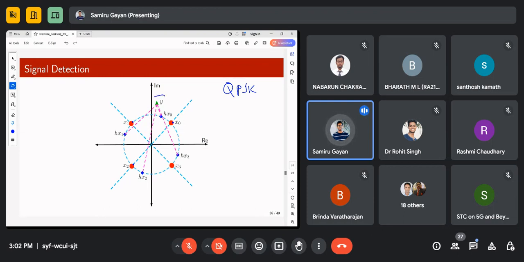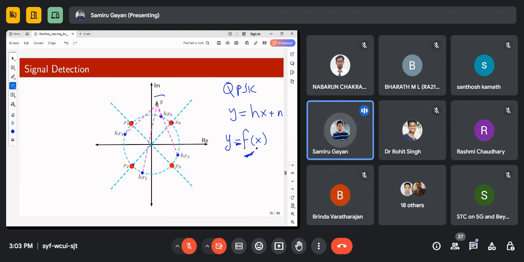So our received signal y is h times x plus n. So y has a relationship like this; y is a function of x. What we want to do is find the best value of x so that it matches y.